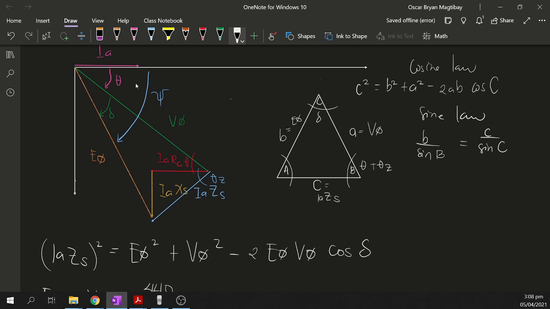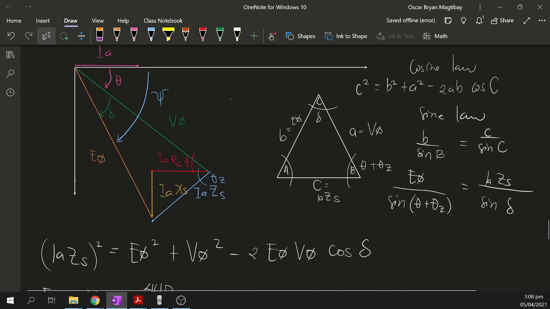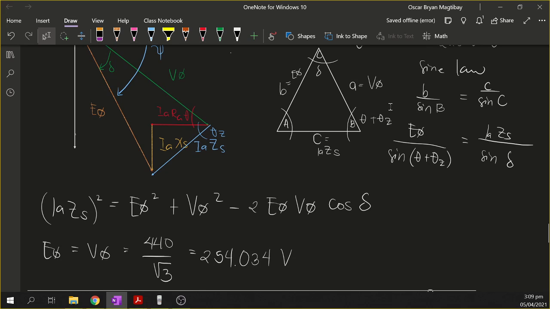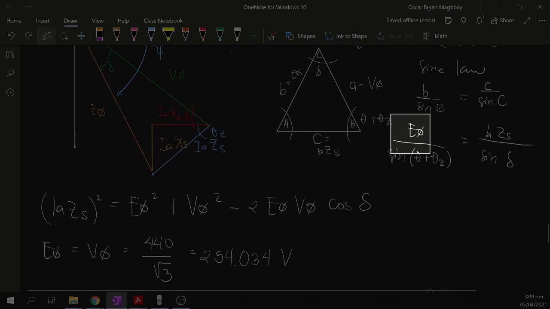Kasi dito ko makukuha na E phase over sine theta plus theta Z is equal to IAZS all over sine C, which is sine sigma.